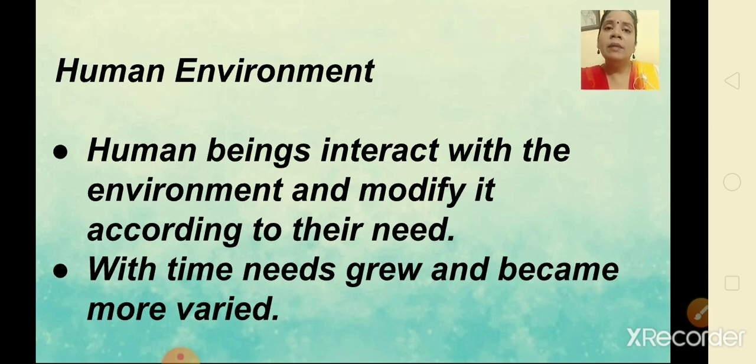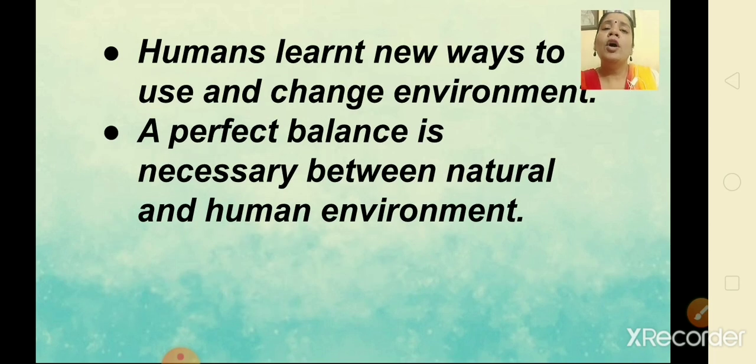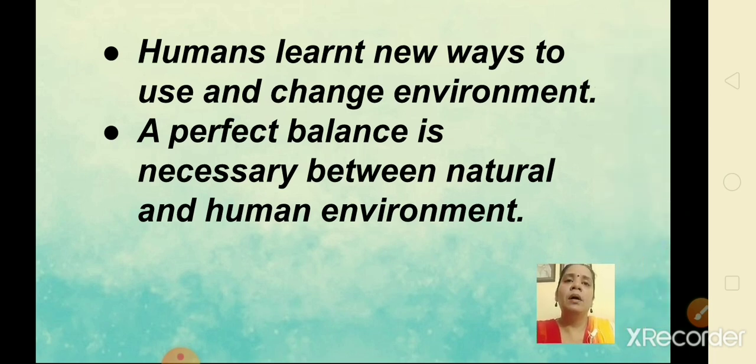With time, needs grew and became more varied. Humans learn new ways to use and change the environment. Right? They learn to grow crops, domesticate animals and lead a settled life.